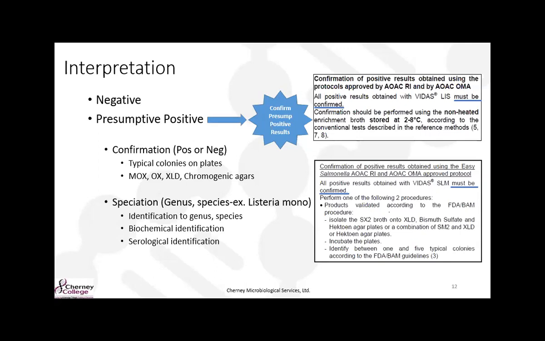Otherwise, if you have a positive confirmation, you can carry on with a speciation, which will tell you the genus and the species of the bacteria. For example, Listeria mono, Listeria being the genus, mono being the species. So that undergoes an identification process to determine that ID. And we will also confirm that with various biochemical identification and serological steps to confirm that we have found the right bacteria.